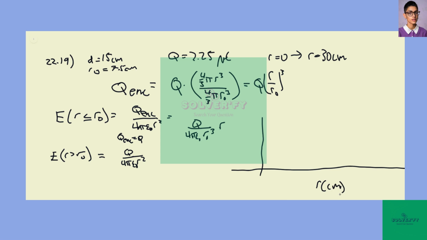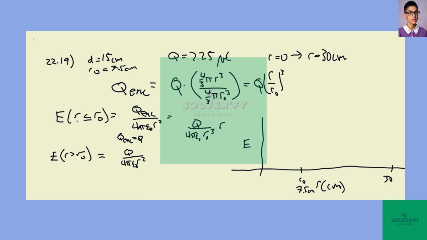Plot as a function of r, in centimeters here, and E. So we should see that r naught is right here at 7.5 centimeters, and we'll call this 30 out here.